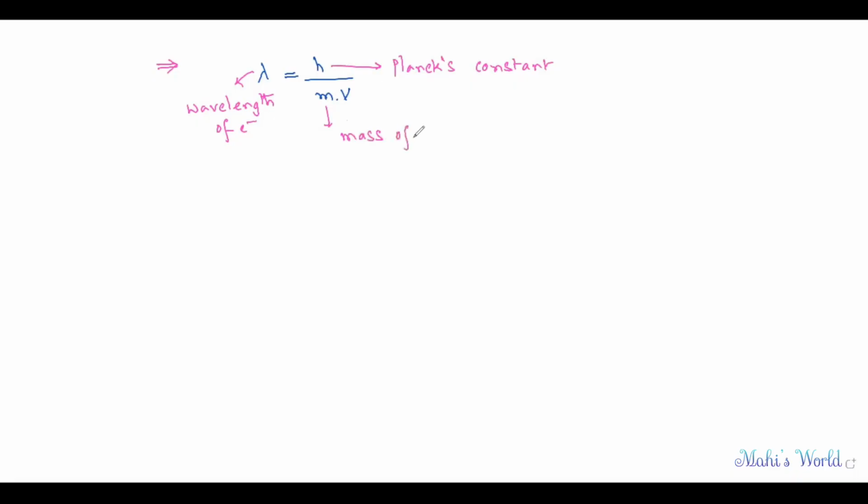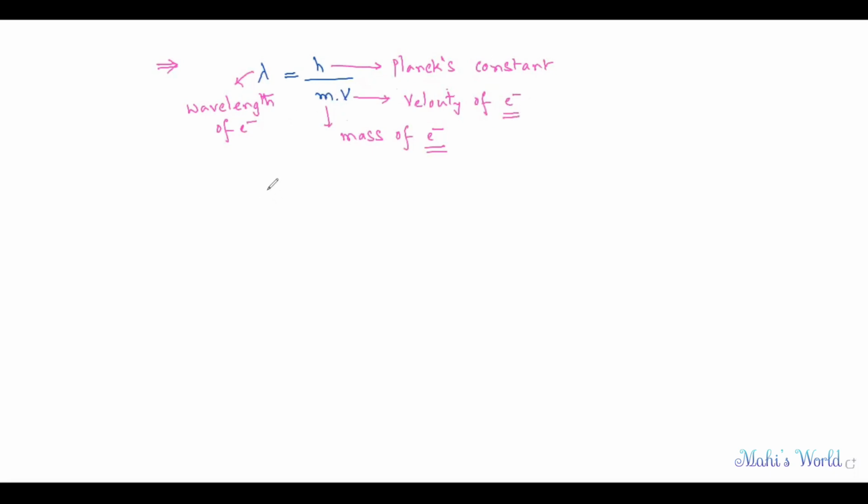Of course, in this case, it is electron. v is, of course, the velocity of the particle. And in this case, because we are dealing with electron, you can take it as velocity of electron.